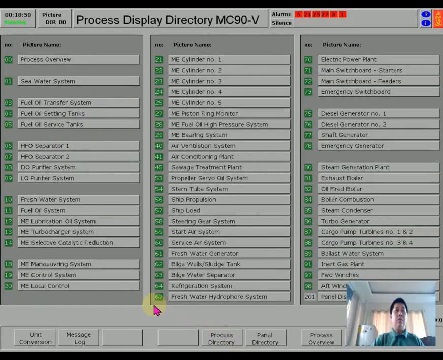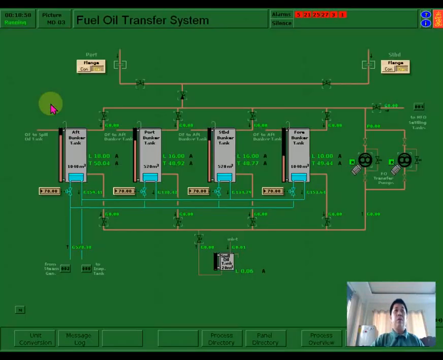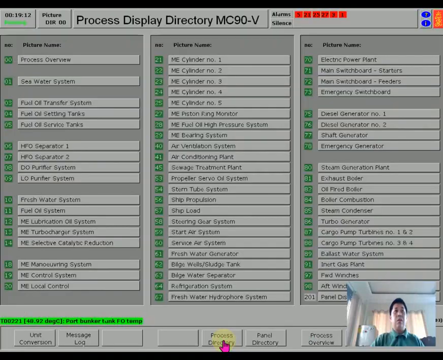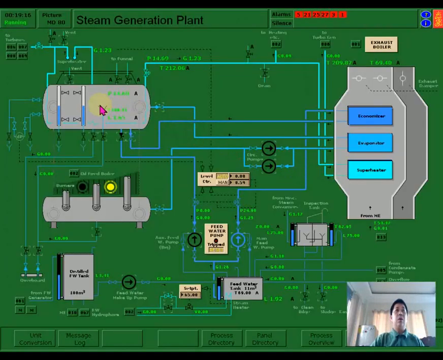So I will open FO heating, the fuel oil transfer system. These are all already open, so that's normal. Anyway, to simulate, I have to drain some steam.